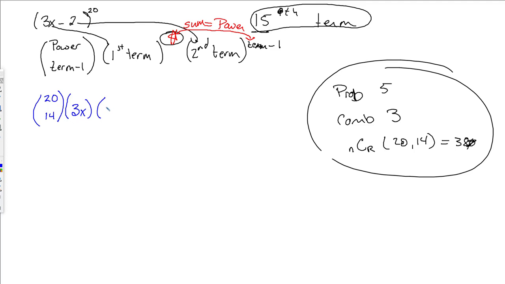The second term was negative 2, and that's to the 14th power. Remember, these two numbers are going to match every single time. And 14 plus what is 20? 6.